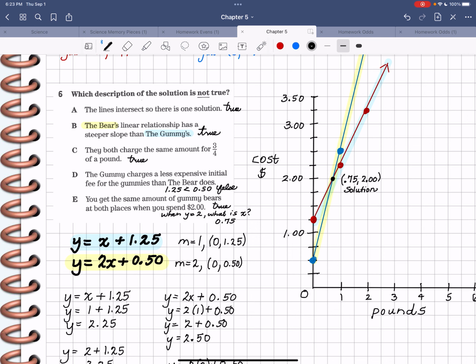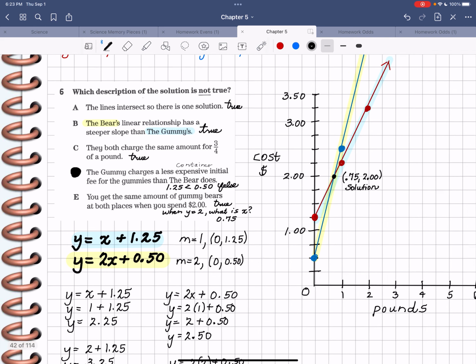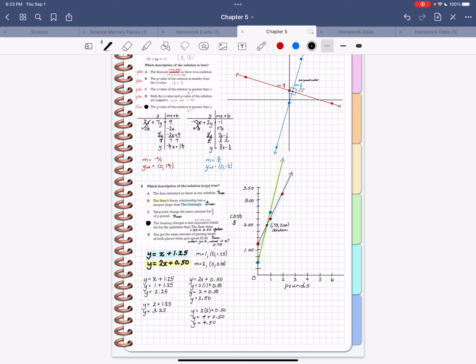So the one that is not true is D. And when they're talking about the initial fee, they're talking about the container fee.